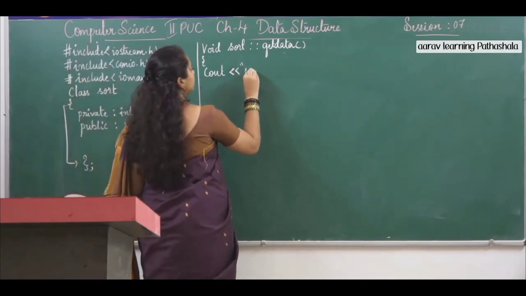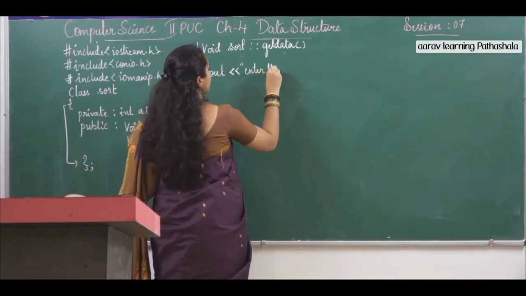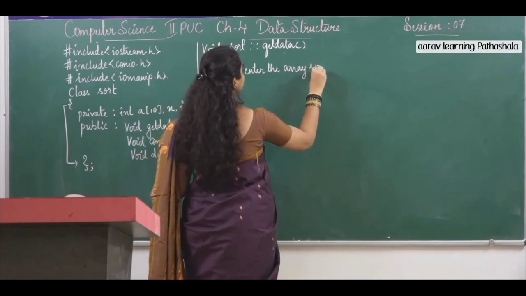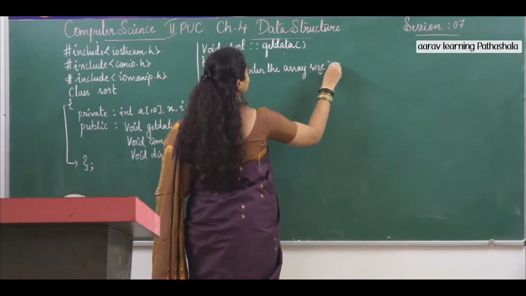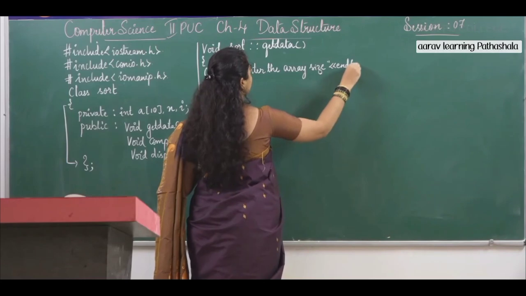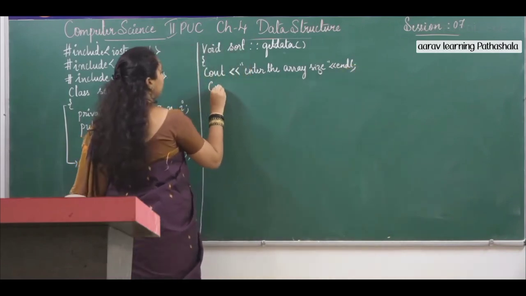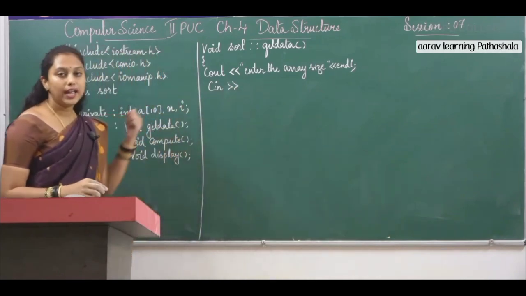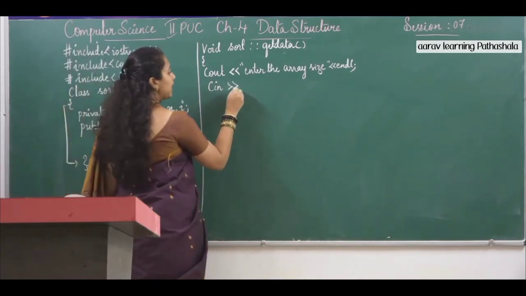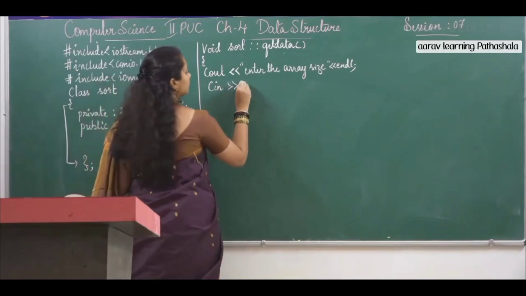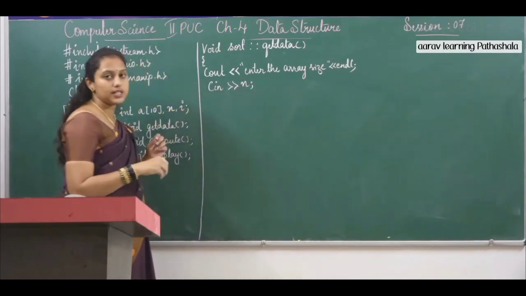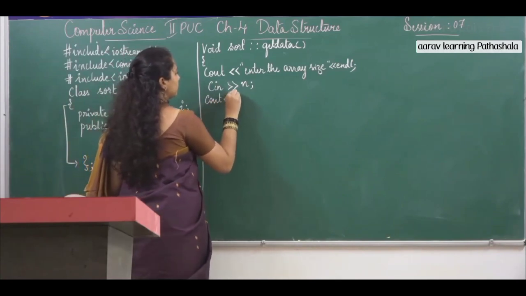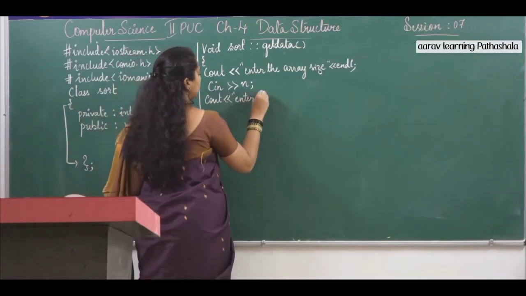So, enter the array size. Using the cin statement, I am going to extract the data. So this is the extraction operator. The size of the array is n. Enter the array elements.